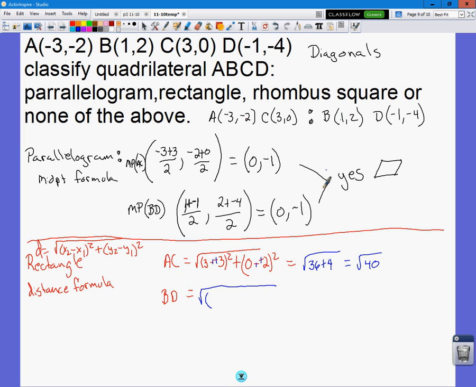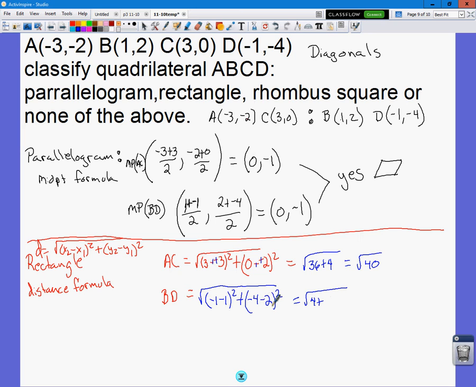x2 minus x1. Negative 1 minus 1 squared. Plus y2 minus y1. Negative 4 minus 2 squared. Negative 1 minus 1 more would be a negative 2, but what's a negative 2 squared? 4.